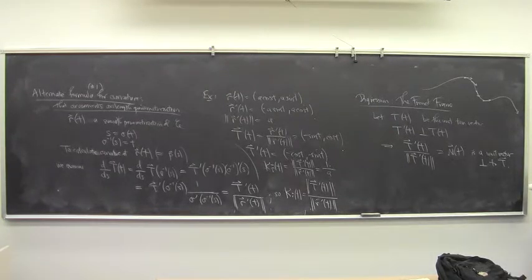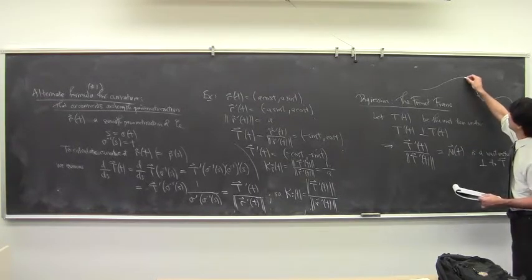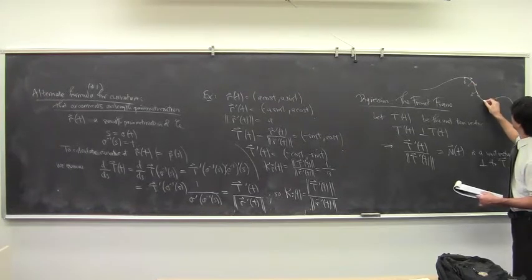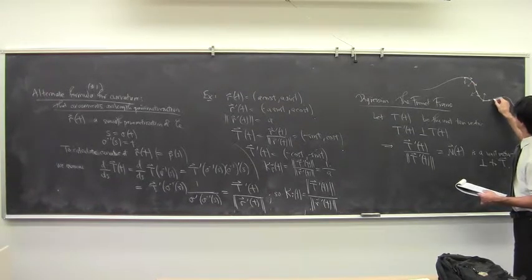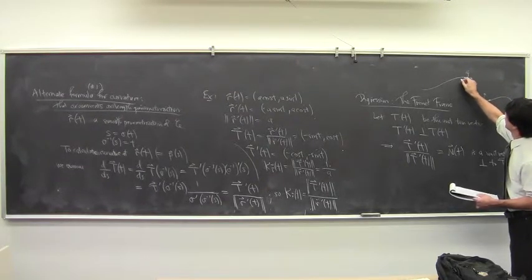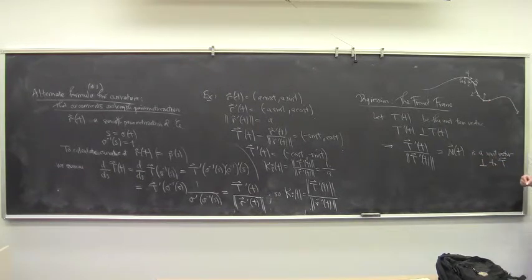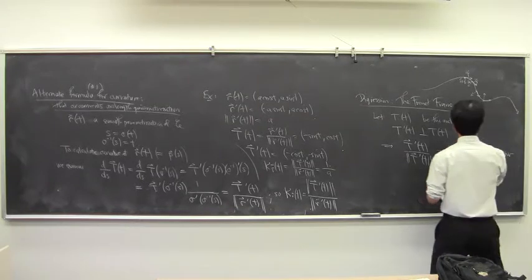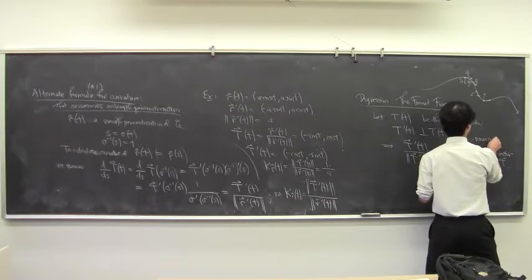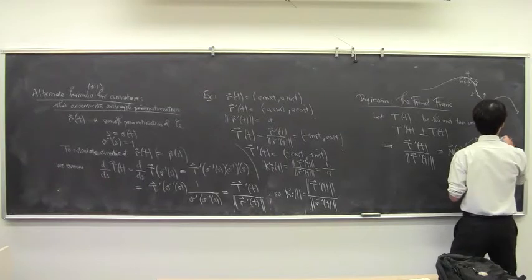So from the tangent vector, we generate a second guy called n. So the unit tangent vector, and then we get this other guy called n. This one is called the principal unit normal vector.